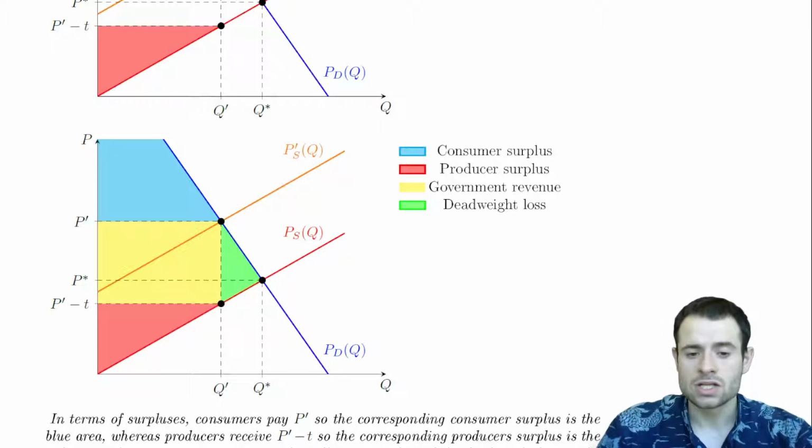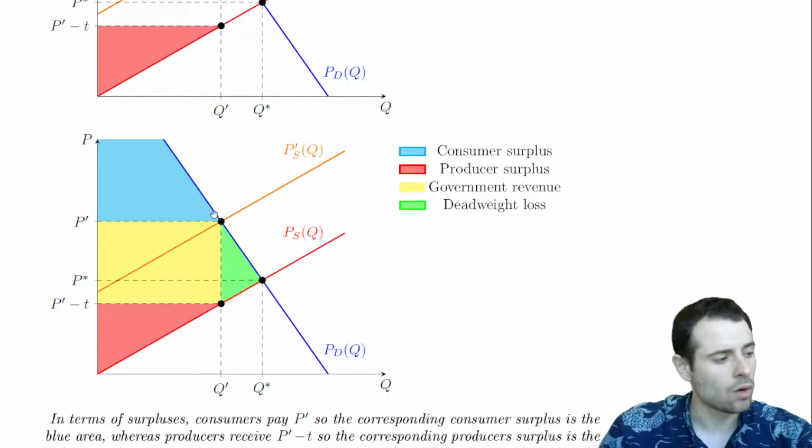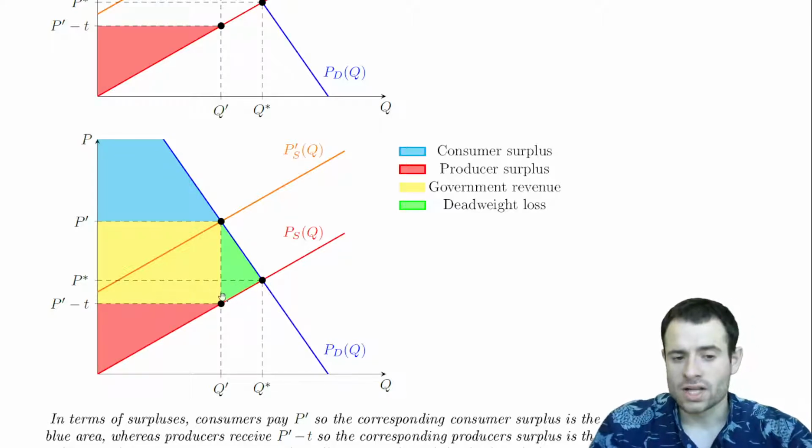Now, let's look at the impact of this tax on the different surpluses. You can see that the consumer surplus has decreased more than the producer surplus has decreased. Where does that come from?